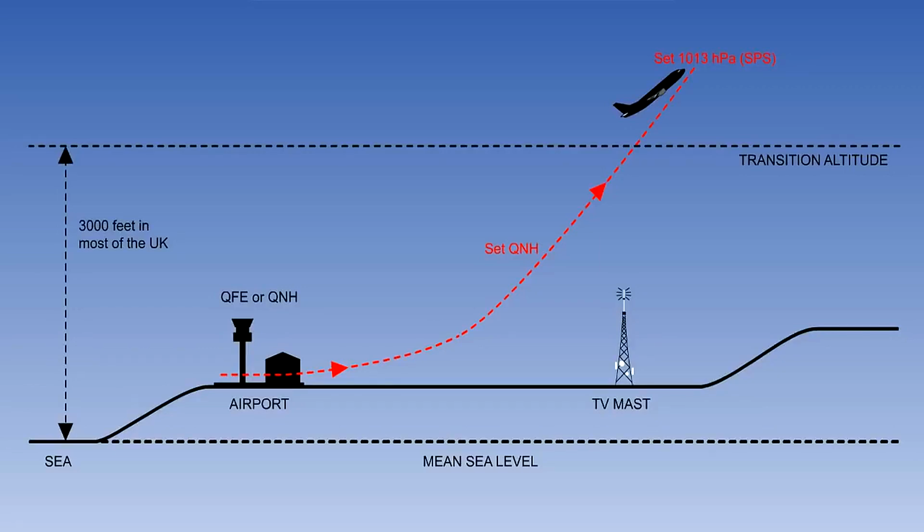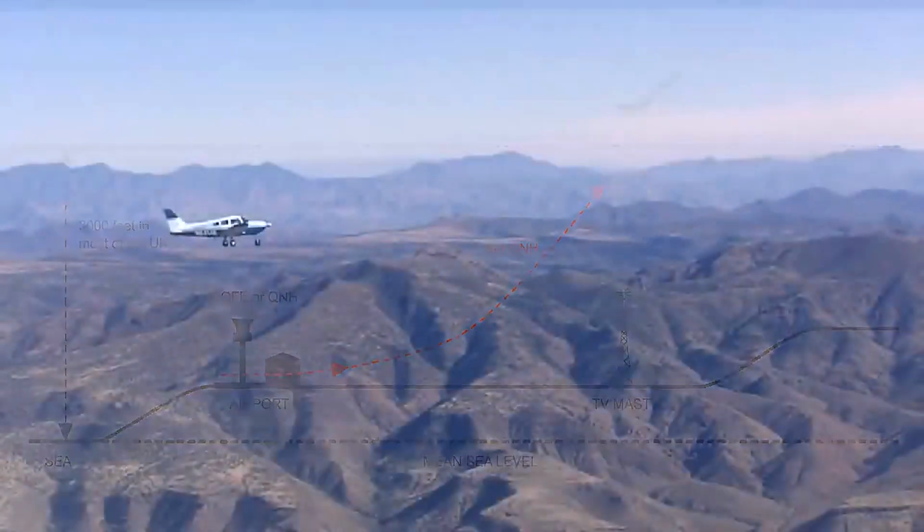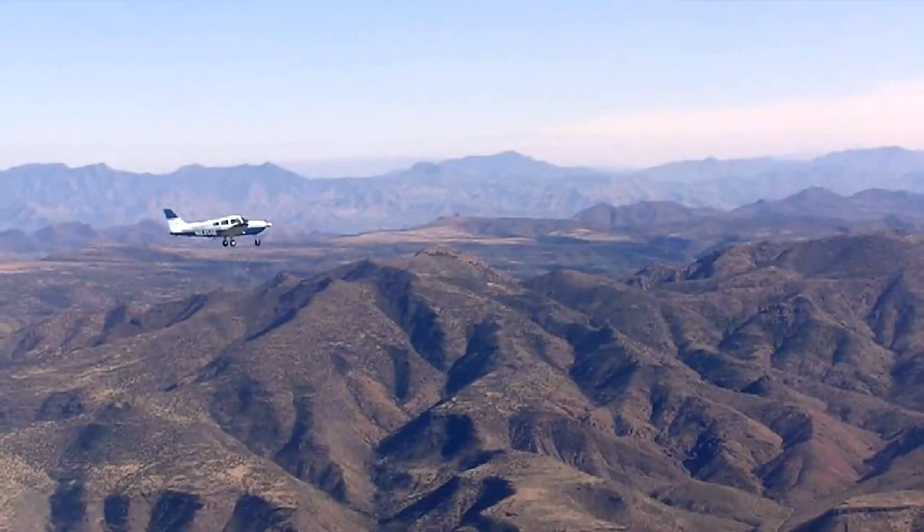At an agreed altitude, we set 1013, otherwise known as standard pressure setting. This altitude is called the transition altitude, and its actual value varies from country to country and region to region. In the UK, transition altitude is usually 3,000 feet, except in some major airport control zones, where it may be 4,000 or 5,000 feet.